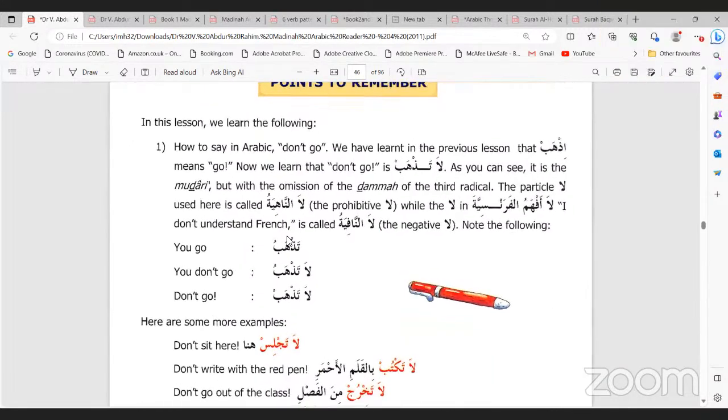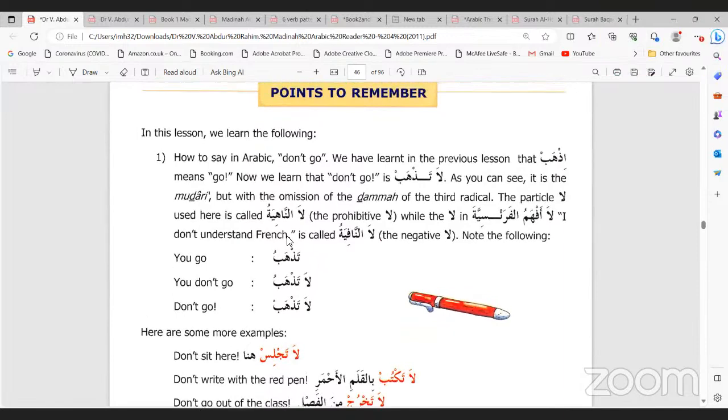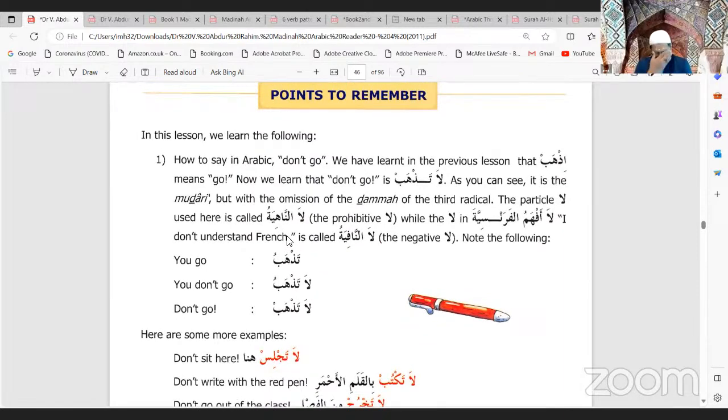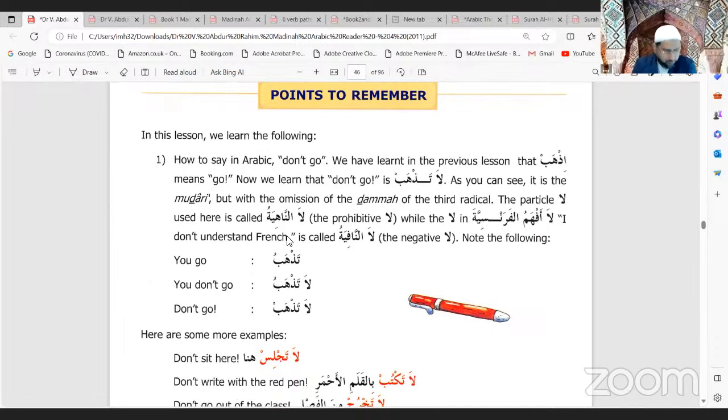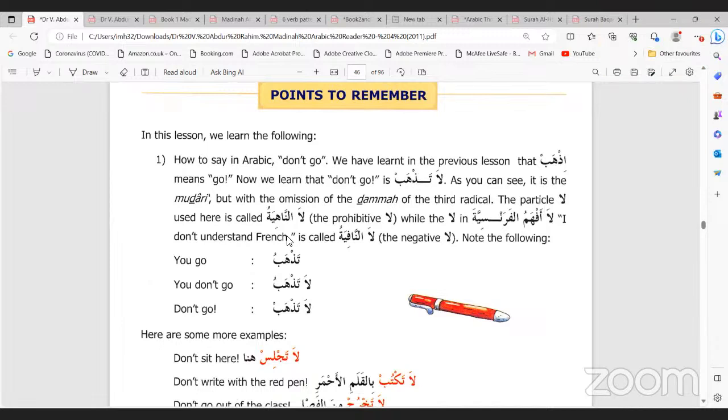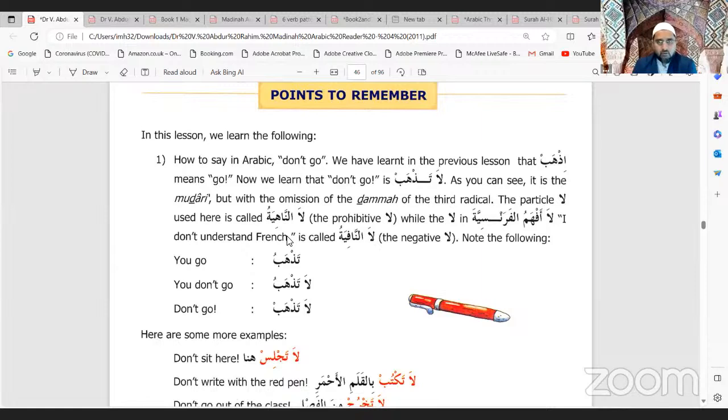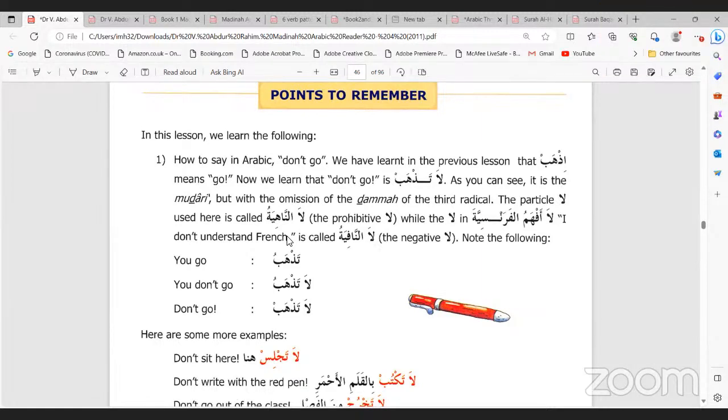Bismillah. Assalamu alaikum. Points to remember. In this lesson, we learned the following. Number 1, how to say in Arabic, don't go. It's like a command, right? We learned in the previous lesson that idhhab means go.